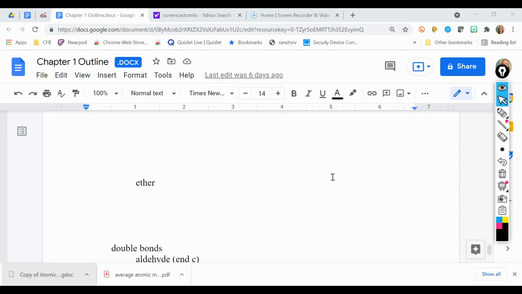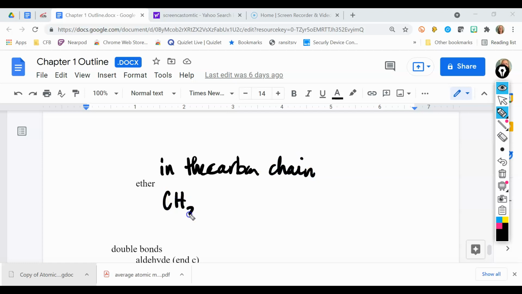Okay, so what about ether? Ether is a functional group of an oxygen that is found in the carbon chain. So ether is where you have a carbon chain, say a 3-carbon chain, that has an oxygen right in the center of it, or in some part of the carbon chain.